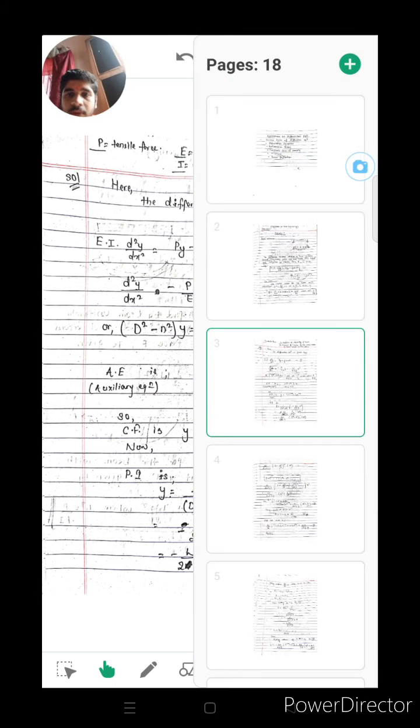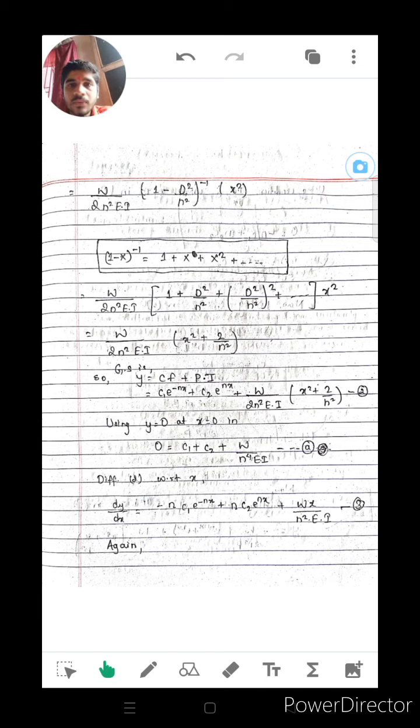Now solving this, we have read one formula, 1 minus x to the power minus 1 equals 1 plus x square plus dot dot dot to infinity, and by solving this we get this.